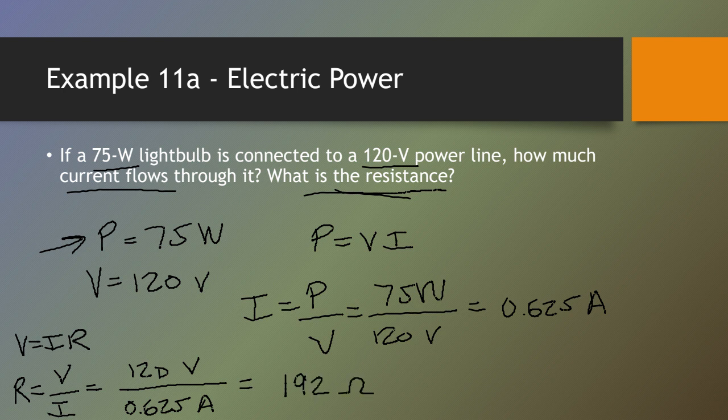And so we have the resistance in the circuit and the current. I think I was meant to do this second part on the next slide, but I'll show you one last thing.